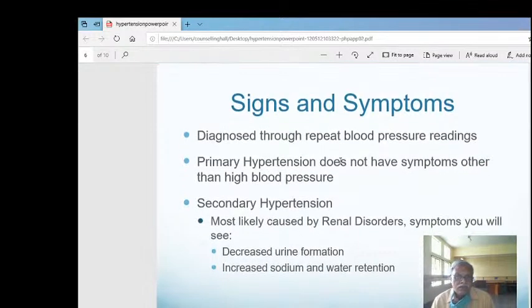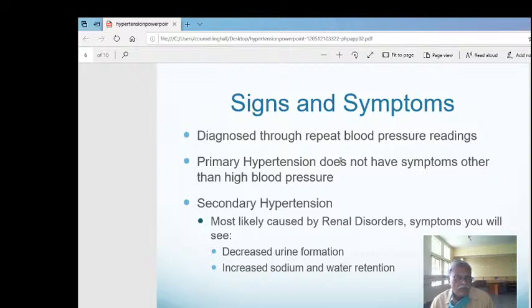The signs and symptoms: they are diagnosed through repeat blood pressure readings, and the symptoms of high blood pressure are like dizziness, shortness of vision, shortness of breath. The primary hypertension does not have symptoms other than high blood pressure.